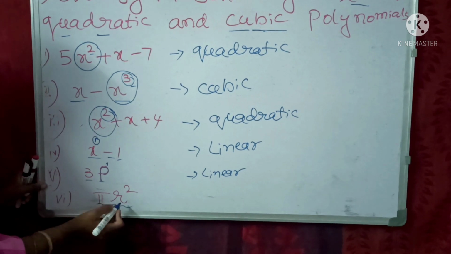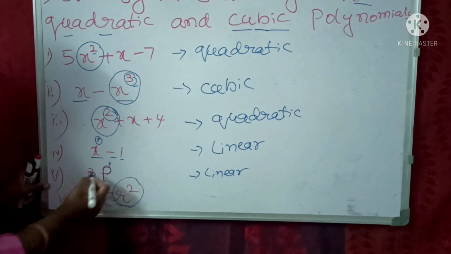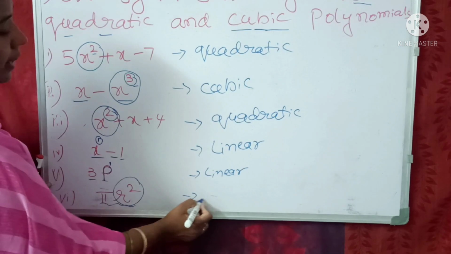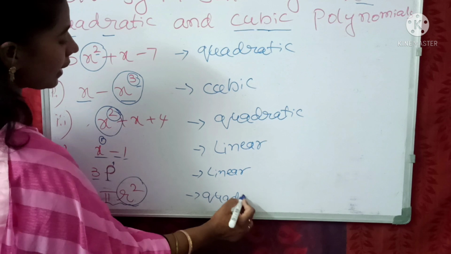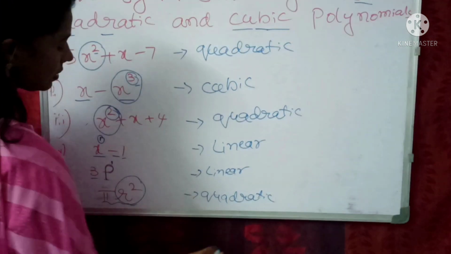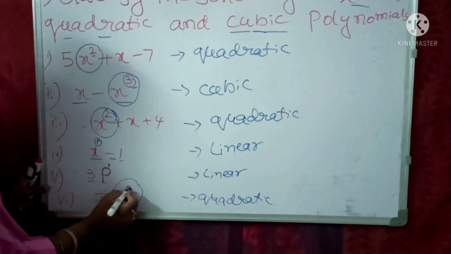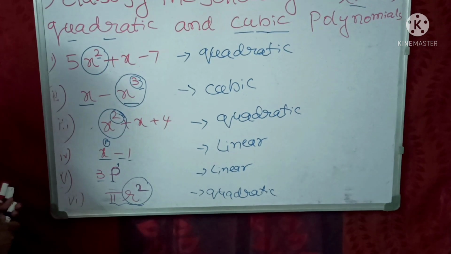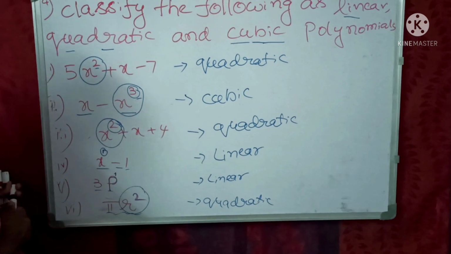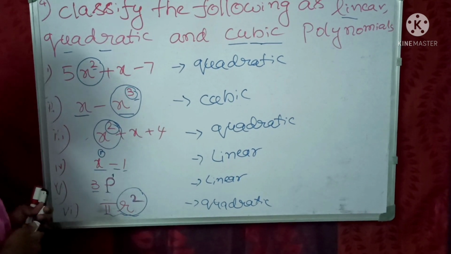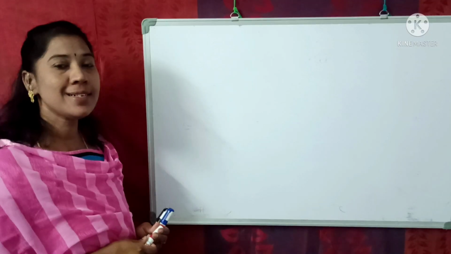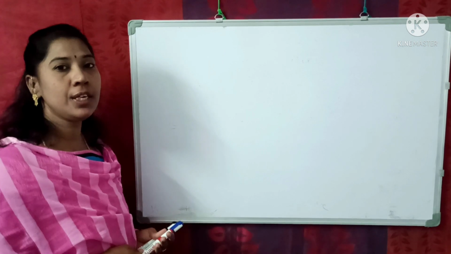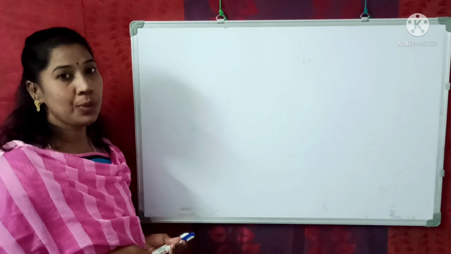Pi r square is also a polynomial with variable r. This is a one variable polynomial, and it is a quadratic polynomial because the degree of the polynomial is 2. I hope you understand what linear, quadratic and cubic polynomials are. Students, the fifth question is a true or false question. It is very easy, so it is homework for you.